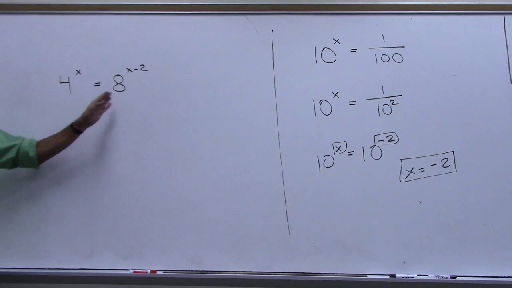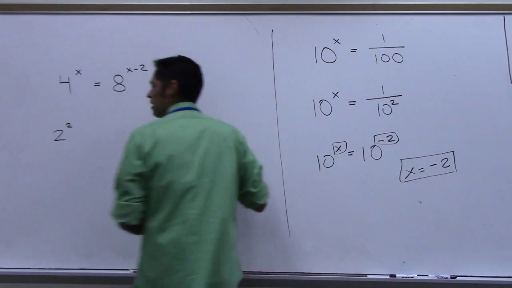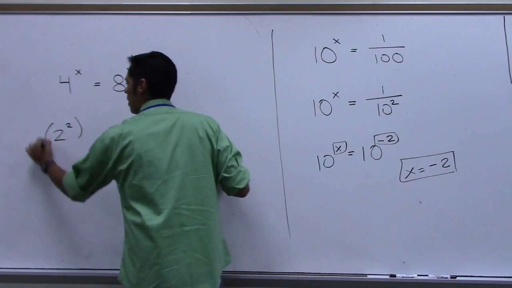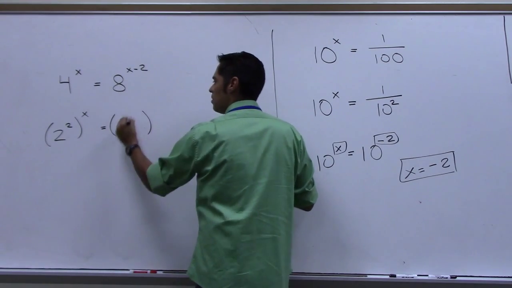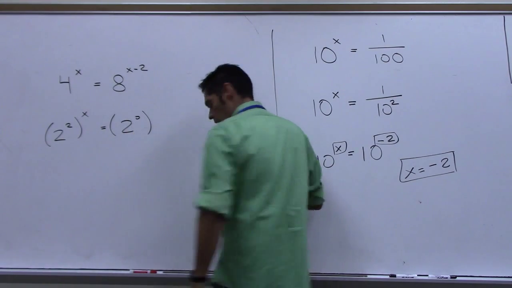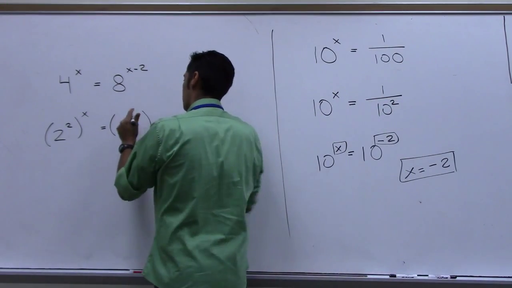Agreed? So I'm going to rewrite this as follows. Here's 4. Everyone agrees that's 4? And that's being raised to the x. And over here, do you agree that this is 8, which is 2 cubed, but being raised to the x minus 2?